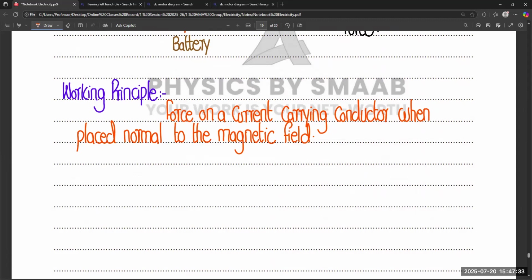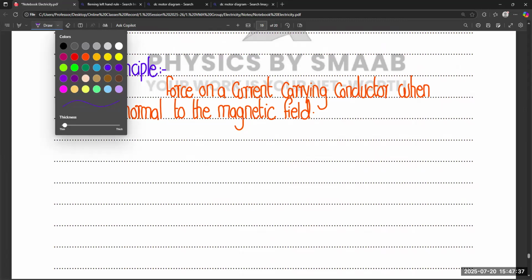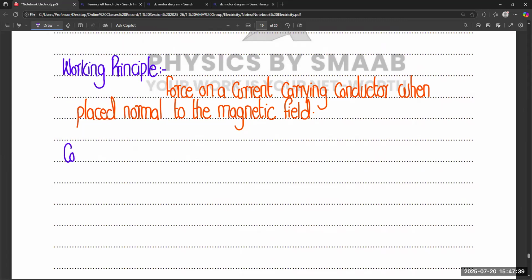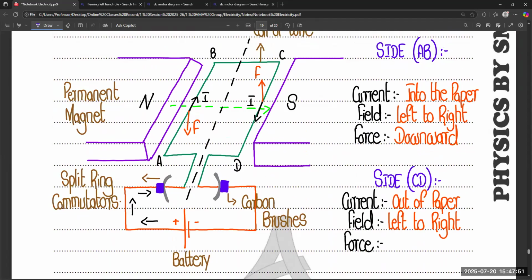So this is the concept of the working principle. And the second thing is about the components. In components, basically, we know about the permanent magnet. The permanent magnet creates a strong magnetic field from left to right, and the battery provides electric current.